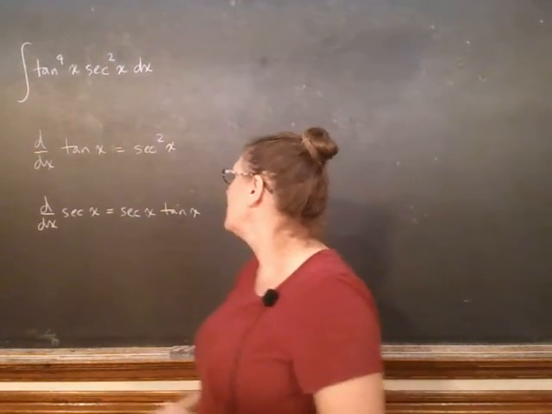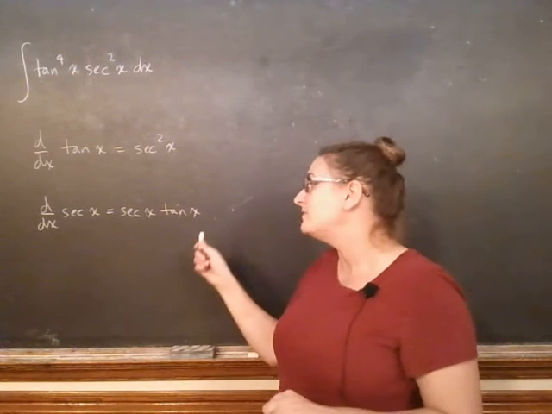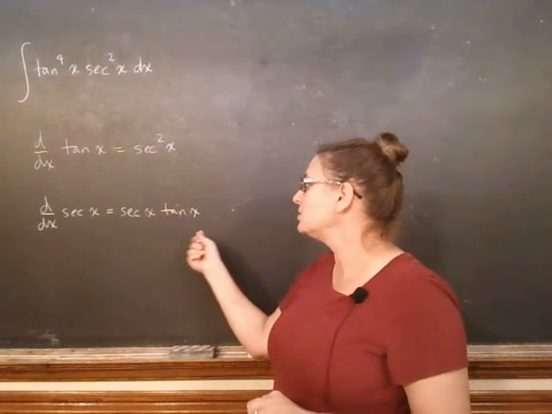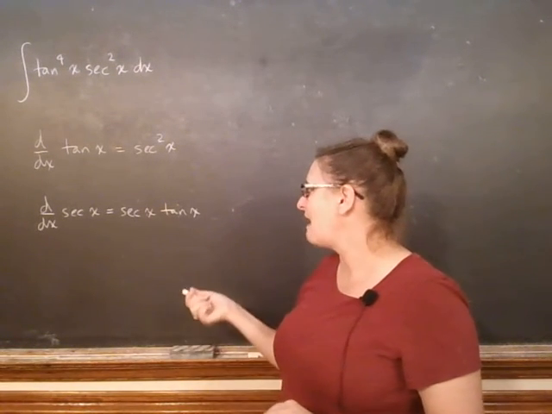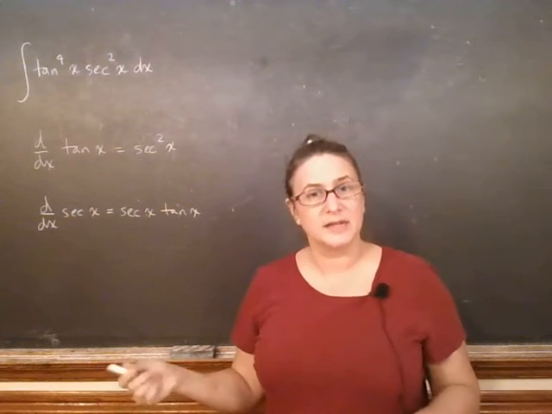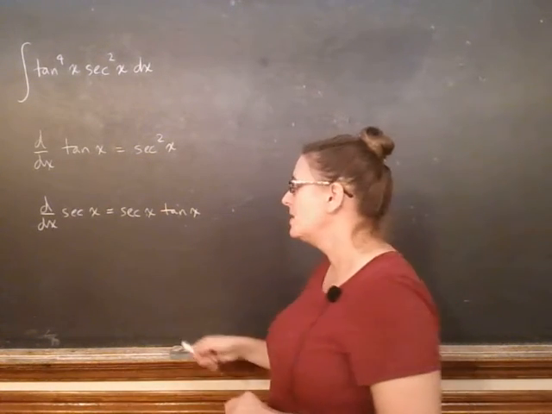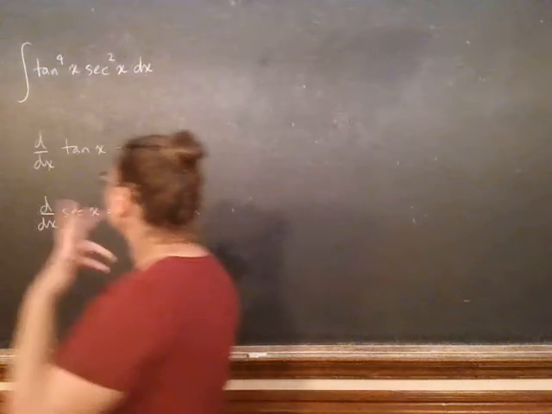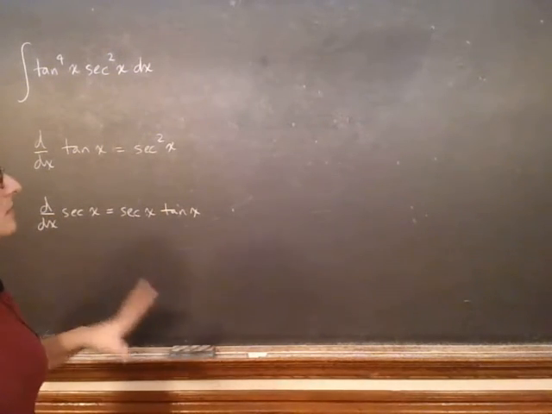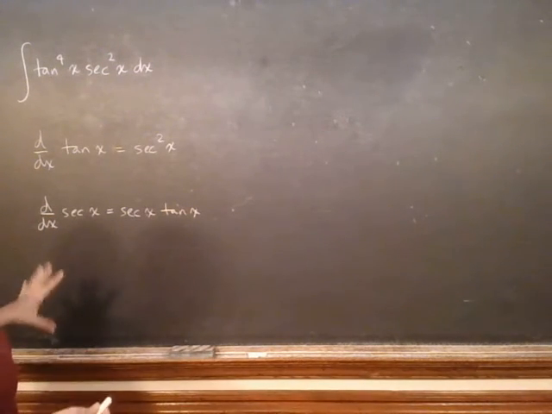And if I am going to have a du that's secant tangent, then I need to have an odd power of tangent so that I can pull one off. Just keep that in mind.